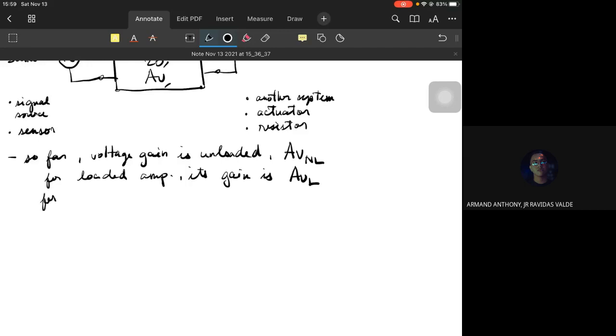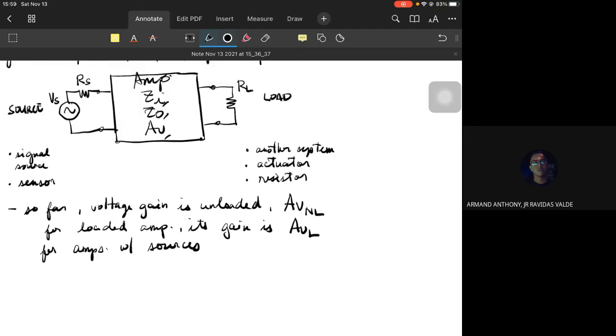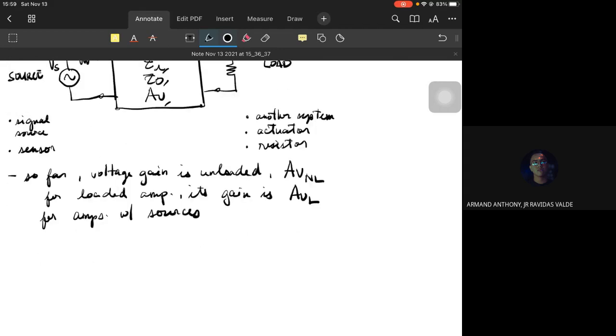For amplifiers with sources, meaning ang gi-consider na nato na connected na ang source sa input portion, its gain is AVS.